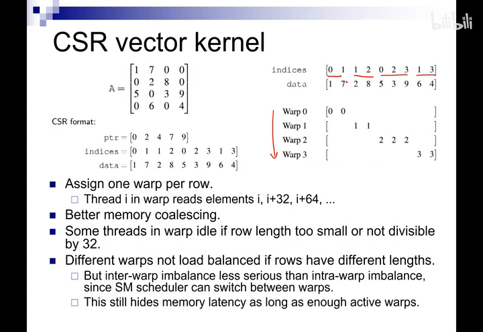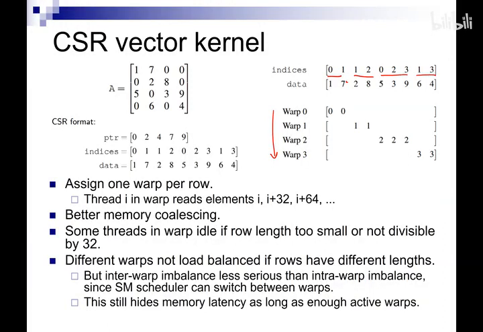So you're going to have a lot of load imbalance between the warps. However, it's better to have load imbalance between warps than to have load imbalance within a warp. Intra-warp load imbalance, within a warp, is more of a problem than load imbalance between warps.